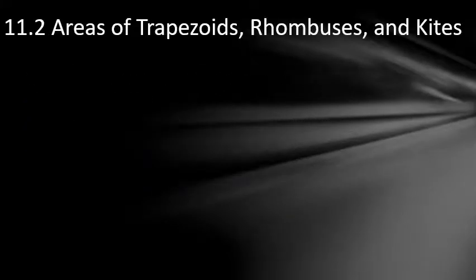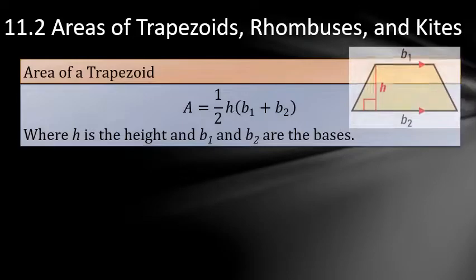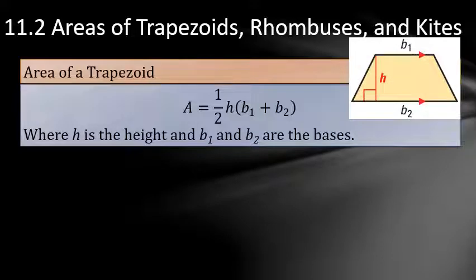Lesson 11.2: Areas of trapezoids, rhombuses, and kites. Area of a trapezoid is 1/2 the height times base 1 plus base 2. What we're doing, this 1/2 base 1 plus base 2 gives us the average length of the base, which would be the length of that segment there.